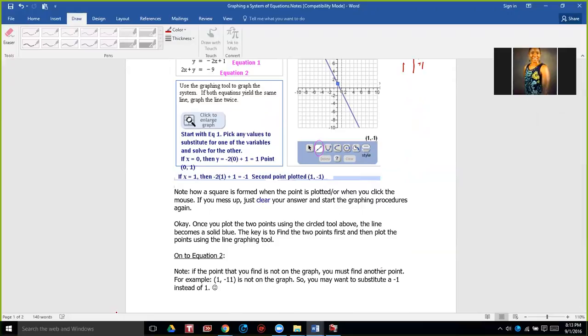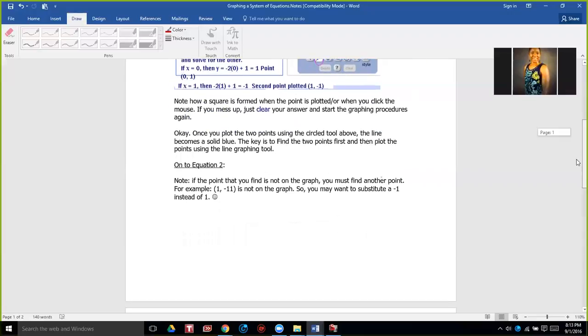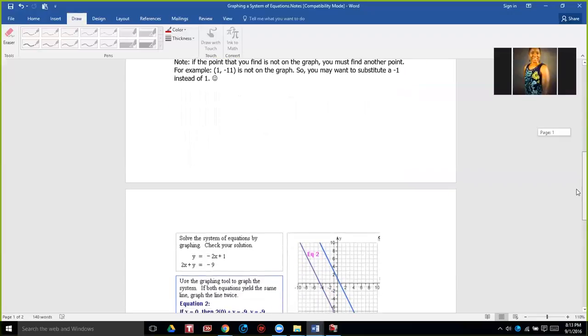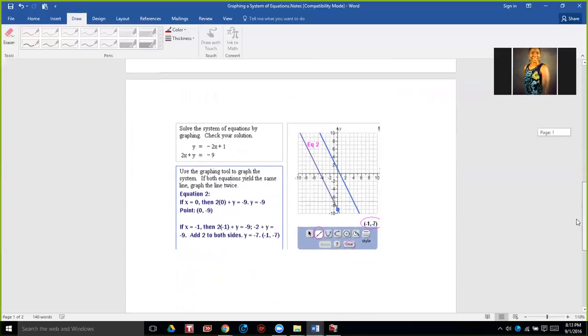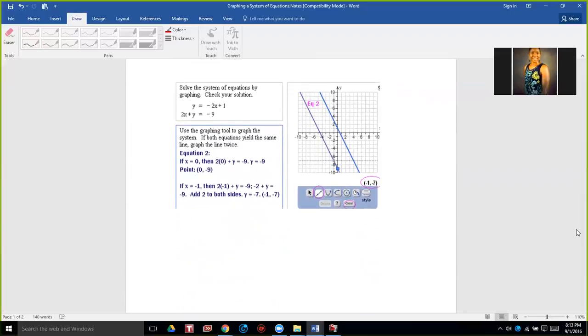For example, if we picked x as 1 and plugged it in, we would have y equal to negative 11, and that's not on the grid. So you want to make sure that the point you get is on the graph.